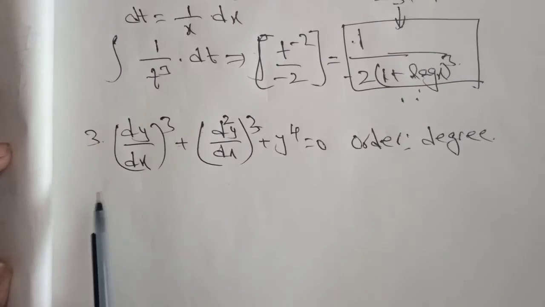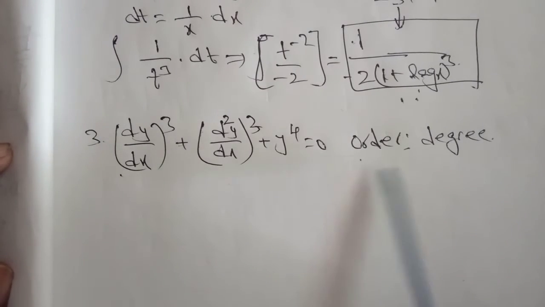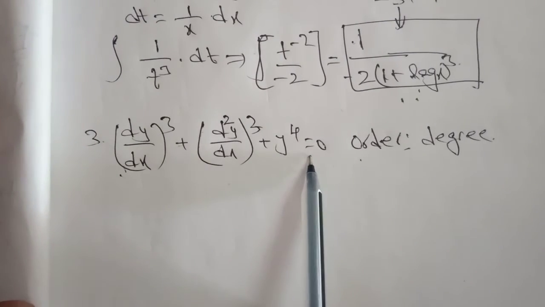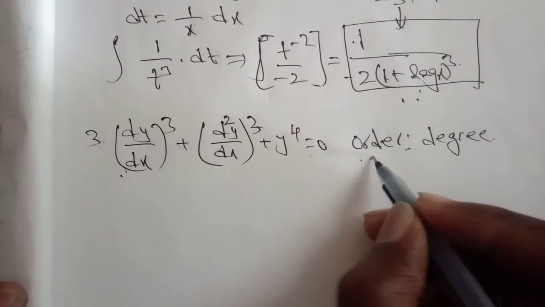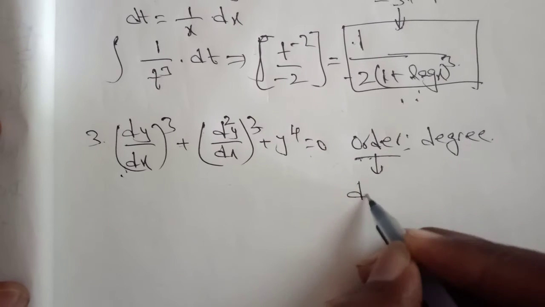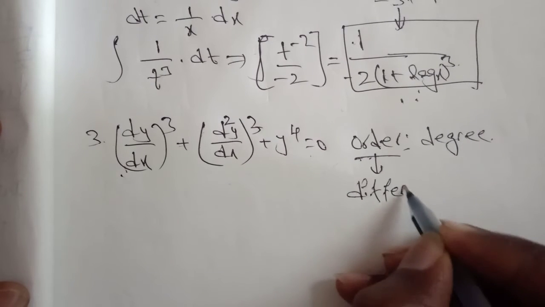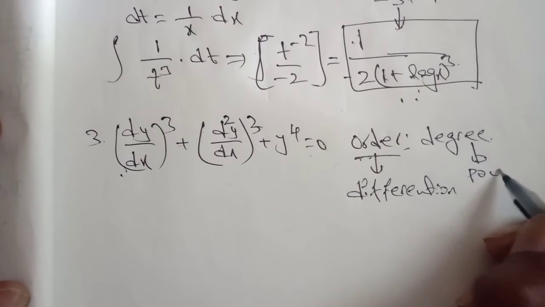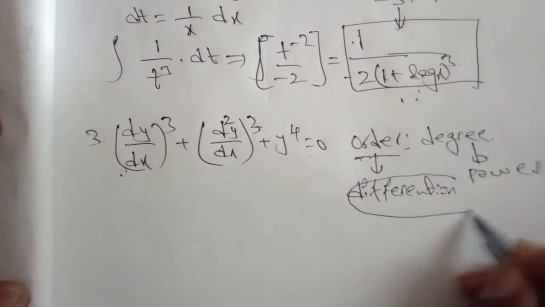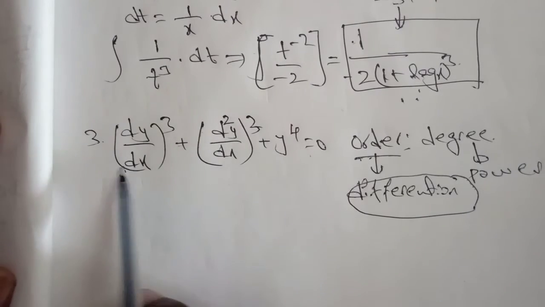In this problem he asked to find the degree and order of the differential equation. As we know, order tells the type of differentiation, and degree tells the power of that differentiation. So we have to find the highest derivative in this equation.